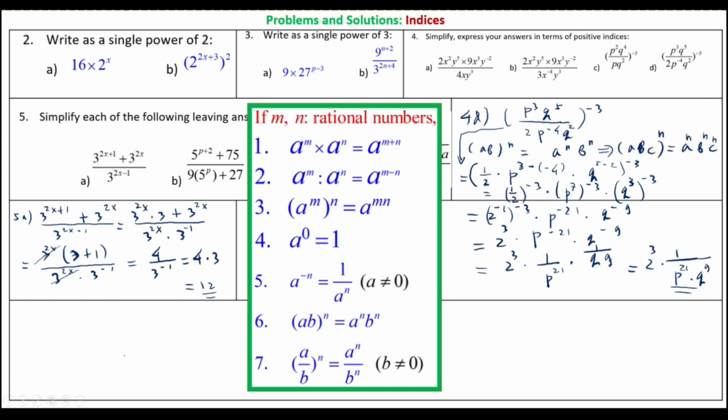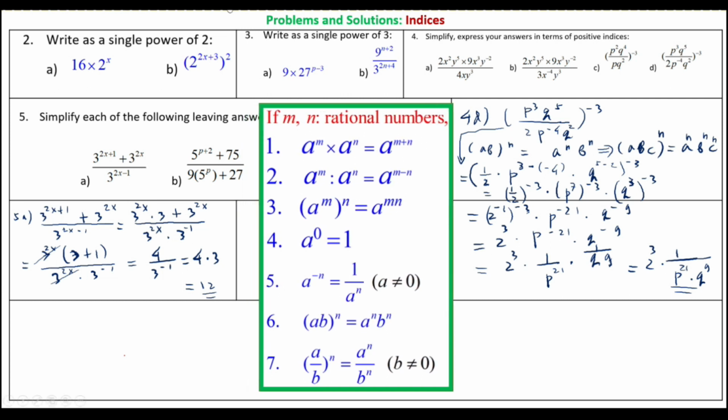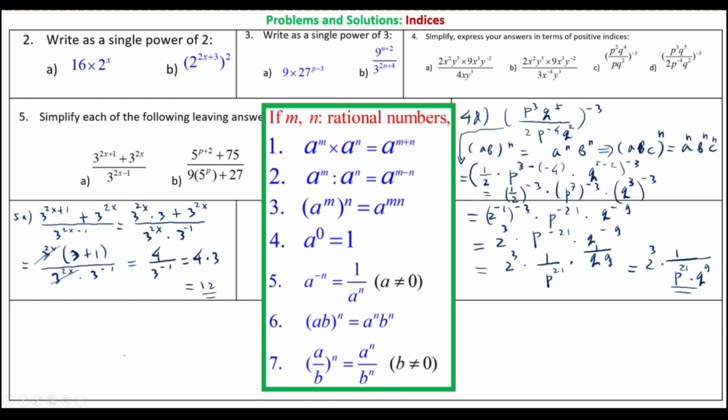Now for 5b, we have something similar. Now we have the denominator involving addition, 9 times 5 to the power of p plus 27. So basically we want to factor the common factor here.